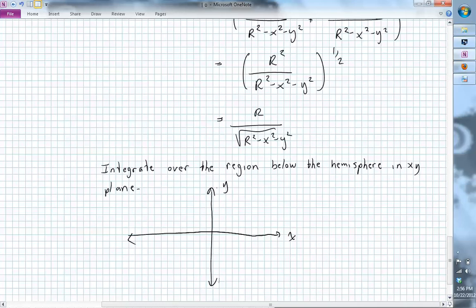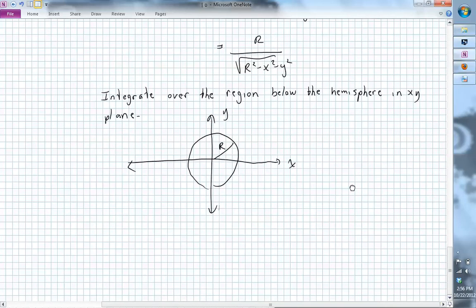So if I take a sphere of radius r, centered at the origin, and I look at where it intersects the xy plane, that's a circle of radius r, centered at the origin. Absolutely. Okay, we're getting there. So that means I need to integrate over this region. I'm going to call this region D because r is already taken.